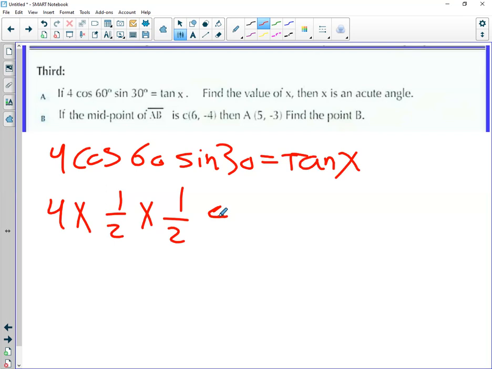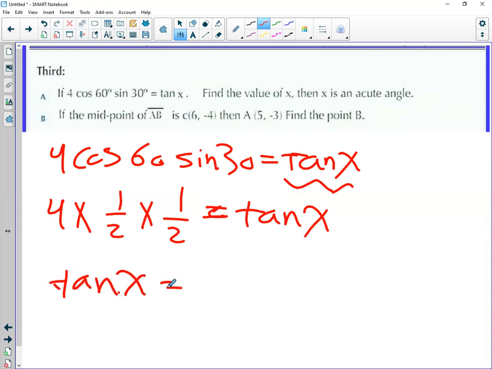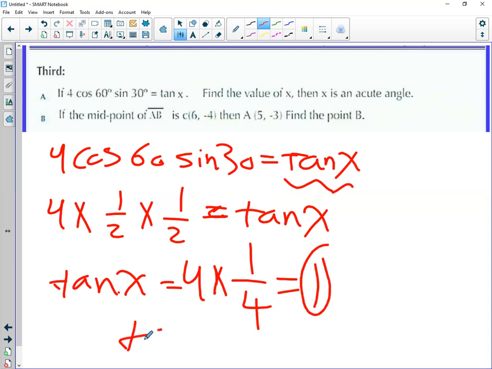Then tan x equals, on the left hand side or the right hand side, tan x equals 4 times half times half, equals a quarter. Then 4 times a quarter equals 1. So tan x equals 1.